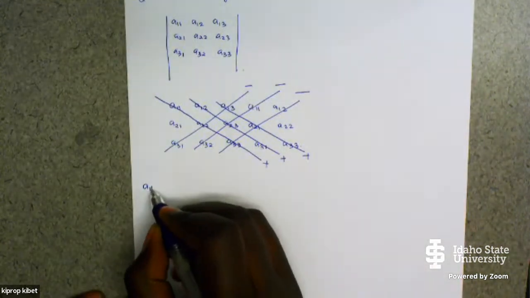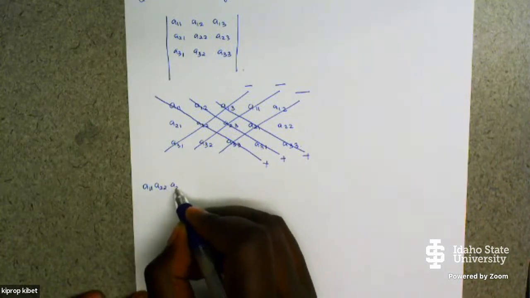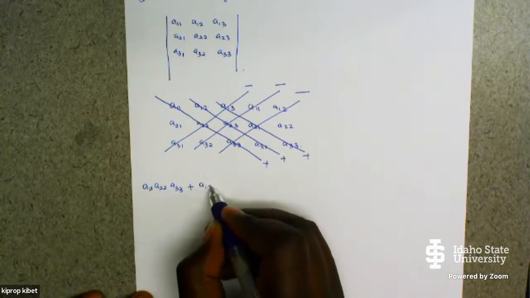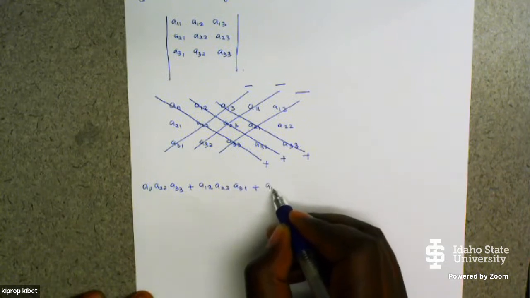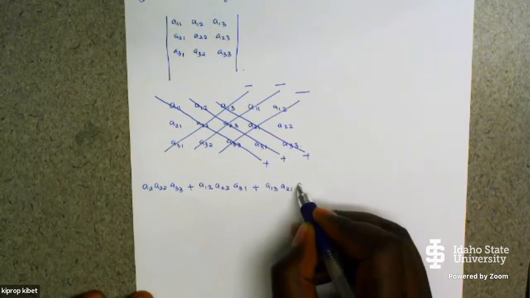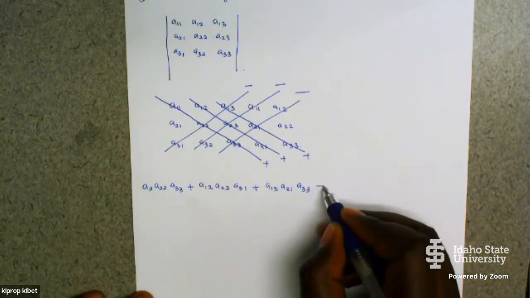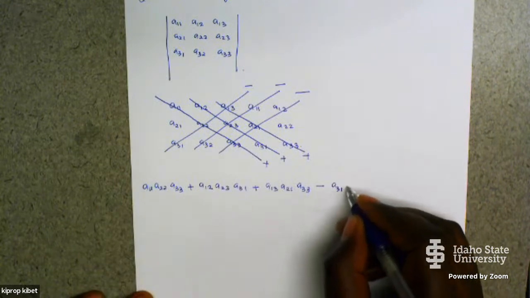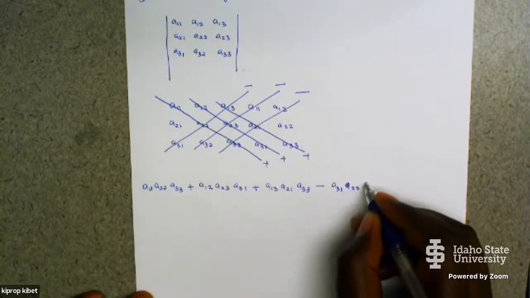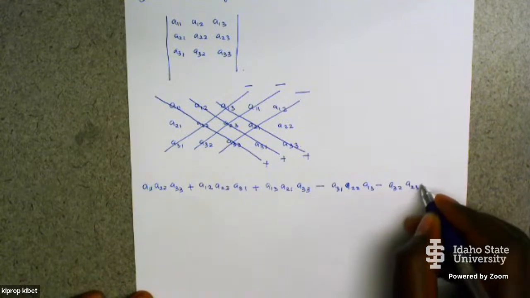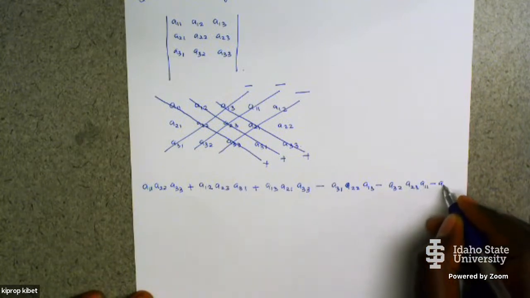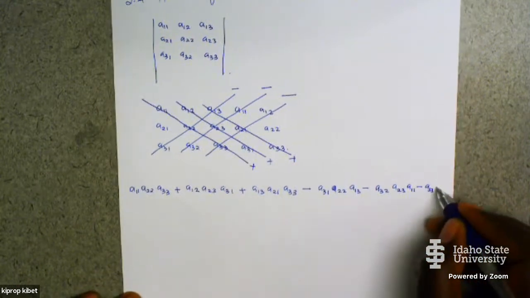So it will be A11 multiplied by A22 multiplied by A33 plus A12 multiplied by A23 multiplied by A31 plus A13 multiplied by A21 multiplied by A32 minus A31 multiplied by A22 multiplied by A13 minus A32 A23 A11 minus A33 A21 A12.